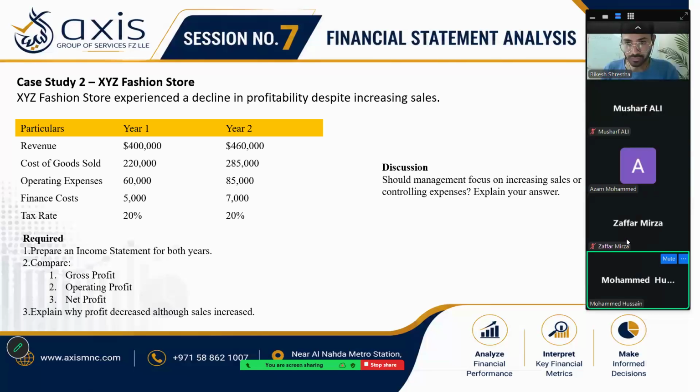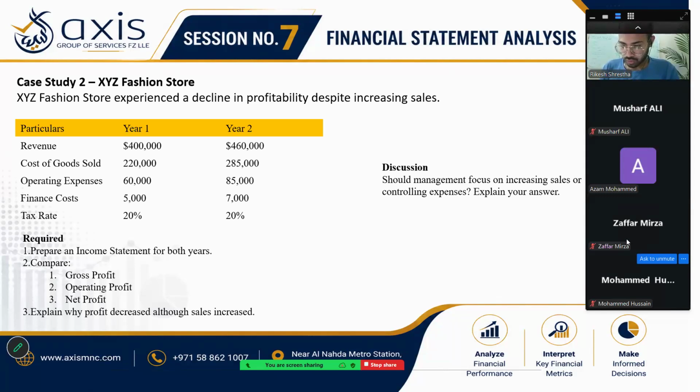Difference is 64. GP, year 1 180 and year 2 175, and operating profit 120 year 1 and year 2 90,000.